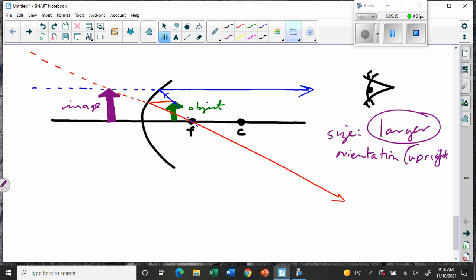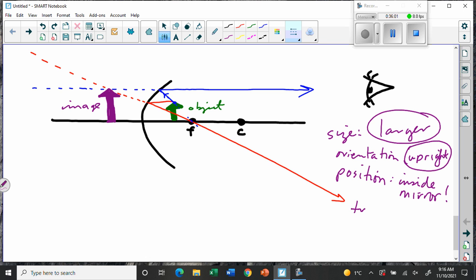That's the first time we've seen an image that was the right way up. Then we have the position. For this one, we can't really say that it's anywhere. It's not inside F. It's not between F and C. The position here, we just put inside mirror. It's inside the mirror. Okay, that's another option that we can get here because it's on the other side.